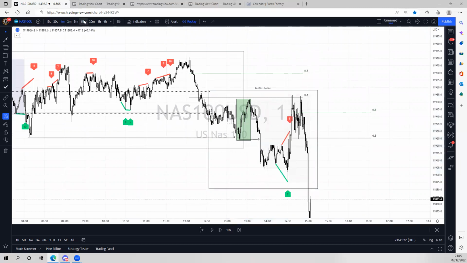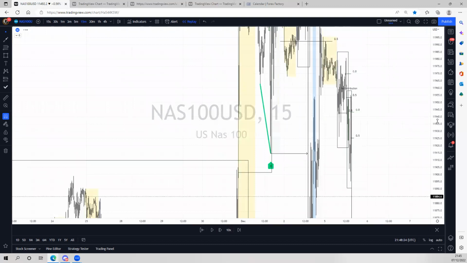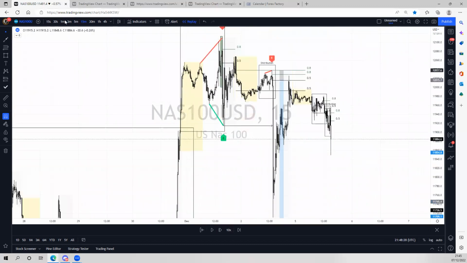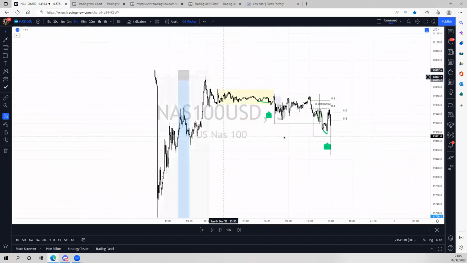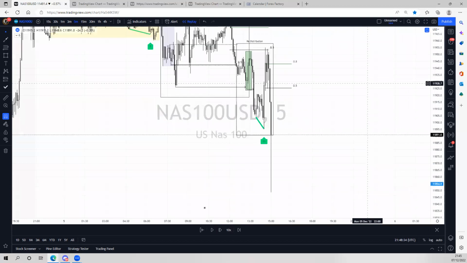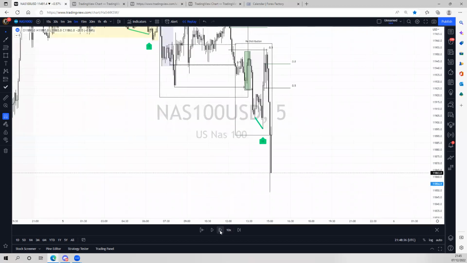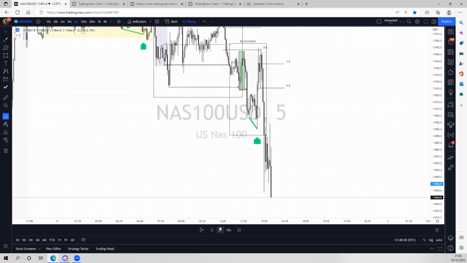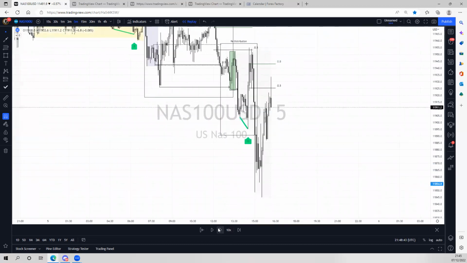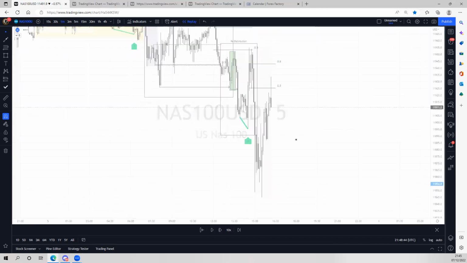Let me see where we are on the 15 minute because I don't want to be selling near the bottom. We're still quite far from the bottom, so it's still on the table to sell. See if we can make our way back up to that area. So we're in the area.